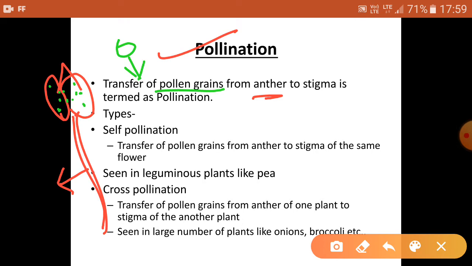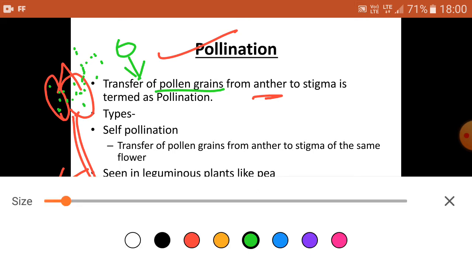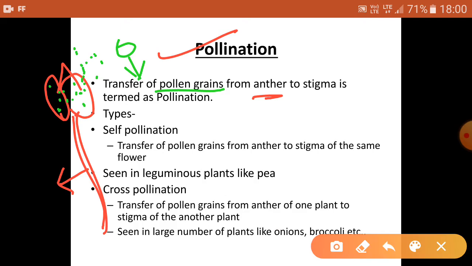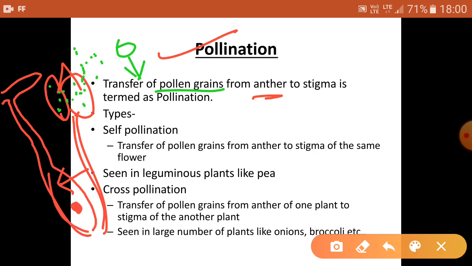These male gametes will be transferred from the anther, because the anther matures, breaks, and releases the pollen grains, and those pollen grains fall on the female part, called the stigma, then style and ovary. As a whole it is known as the carpel. The stigma is the receptive part.